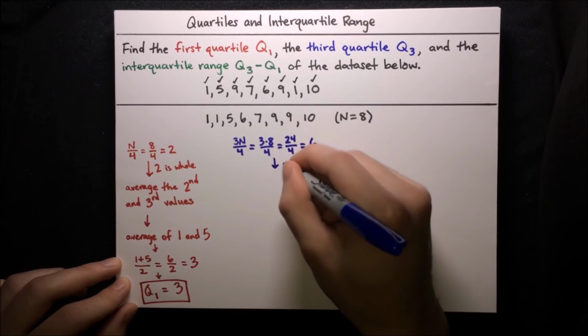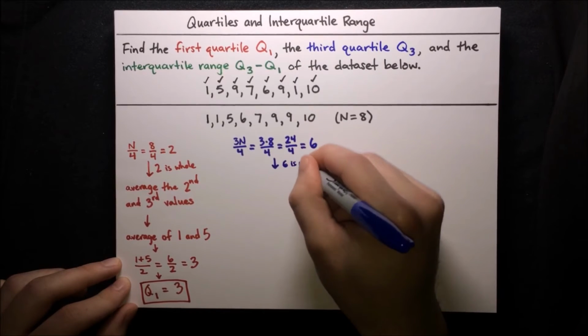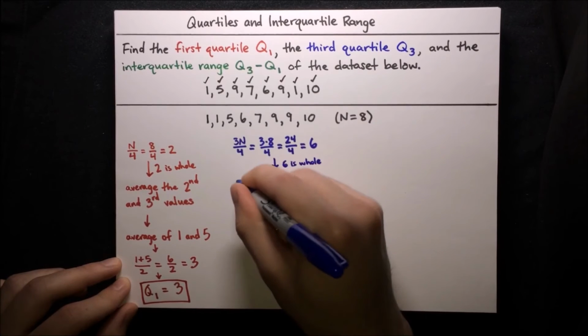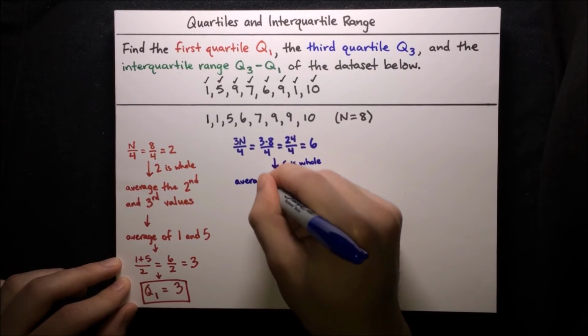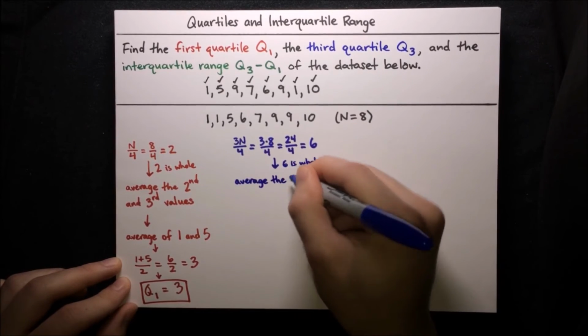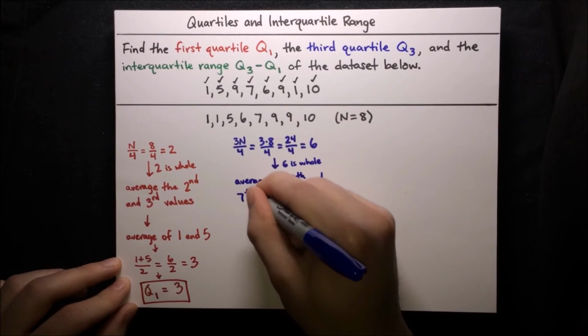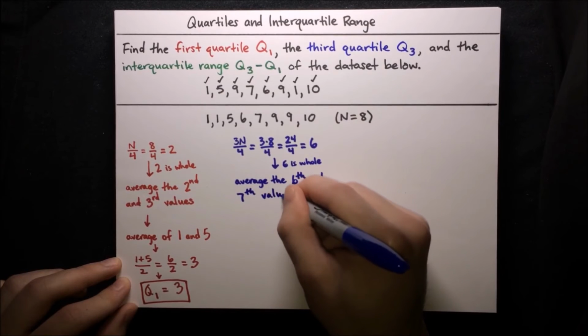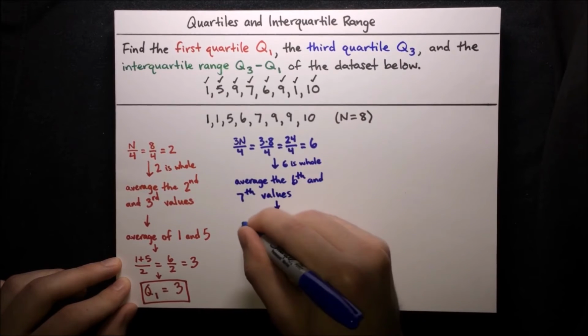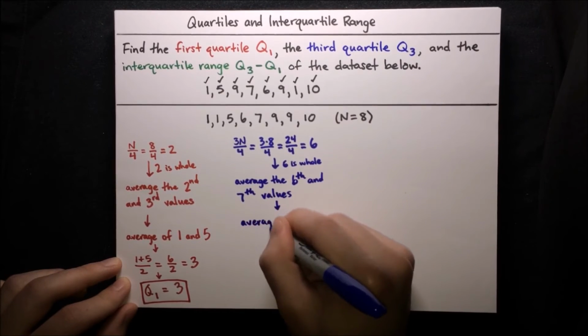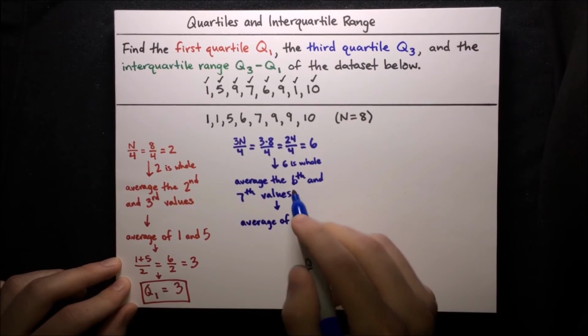And then since 6 is whole, we want to average the 6th and 7th values.